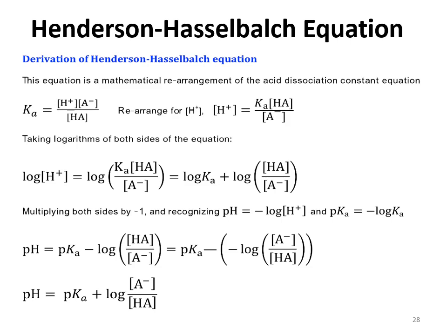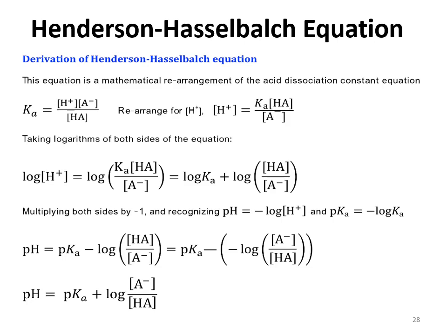Taking the logarithm of both sides of the equation, we have the log of concentration and the log of the remaining equation. Then we multiply it by negative 1, which will make it the negative log of hydrogen ion concentration, which is pH, and the negative log of Ka will be the pKa.